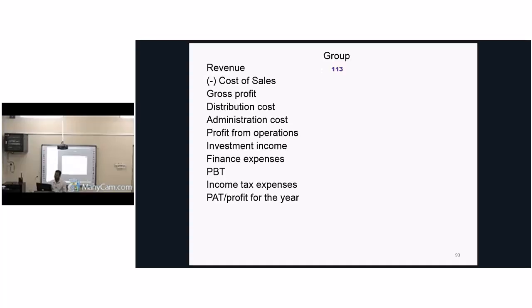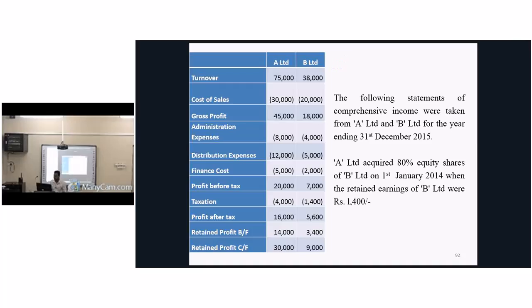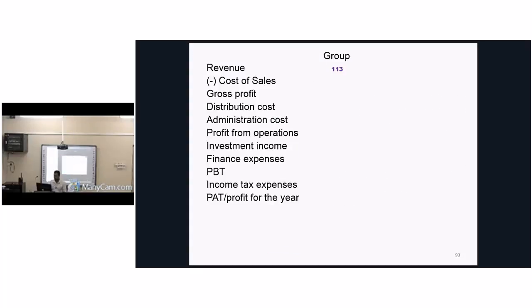Next line, we don't have adjustments again. 30 plus 20 is 50. Cost of sales, within brackets, 50. No change. Then gross profit will be 63.